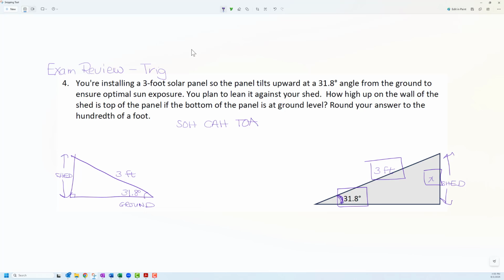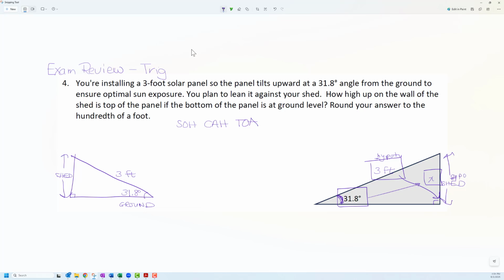If I'm looking at this triangle over on the right-hand side of the screen, the 3 is going to be the hypotenuse because it's across from the 90-degree angle. It's also the longest side. And then the X, or the vertical height, is opposite. So we've got O and H.